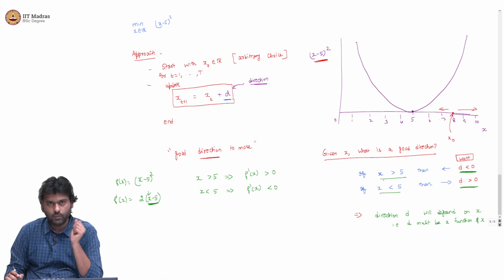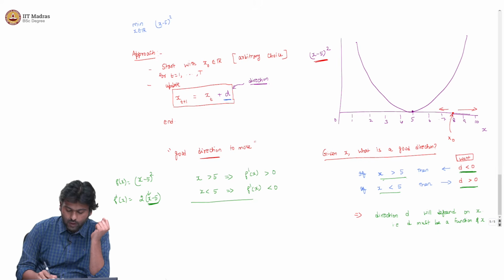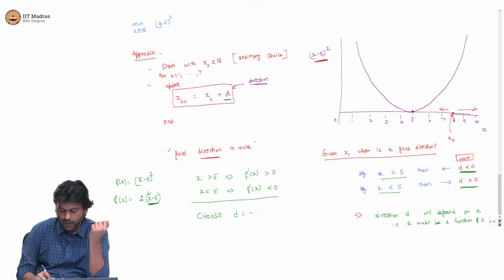We want the opposite way to happen. Well, how do you make this opposite thing to happen? Pause and think for a second, you will be able to get the answer. Well, one way to think about this is, I am going to choose, and this is the big point we will start with, we are going to choose d as minus f dash of x.